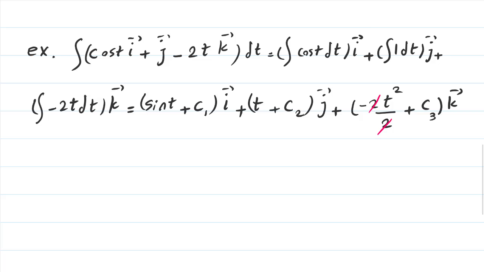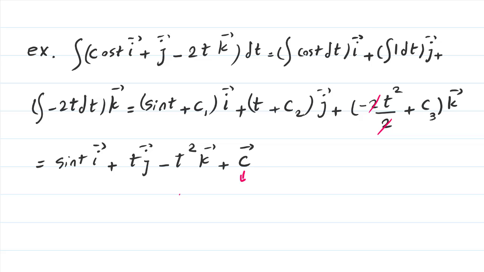Therefore, it is equal to sine of t i plus t j plus negative t squared k plus c, in which c is equal c1 i plus c2 j plus c3 k.